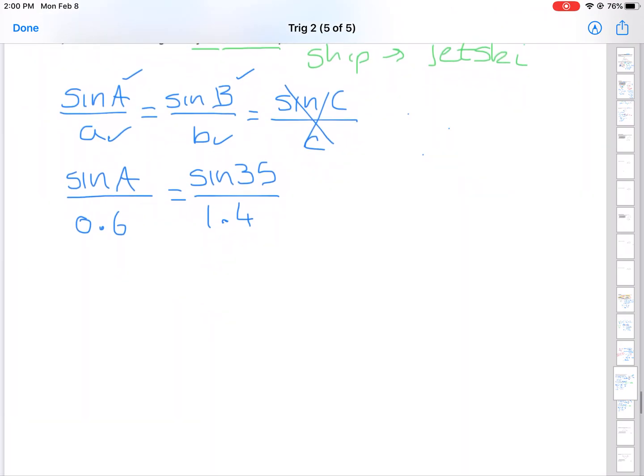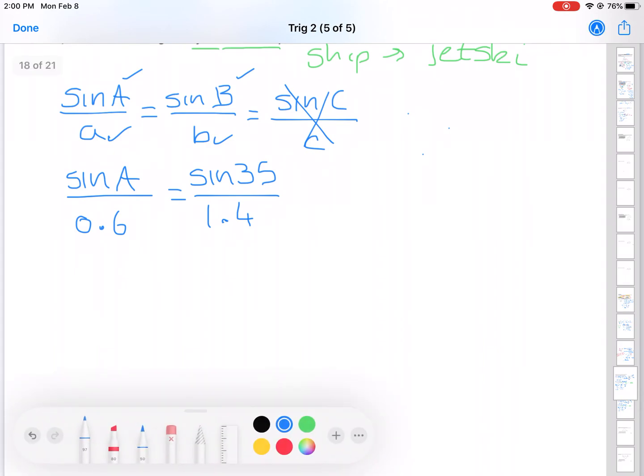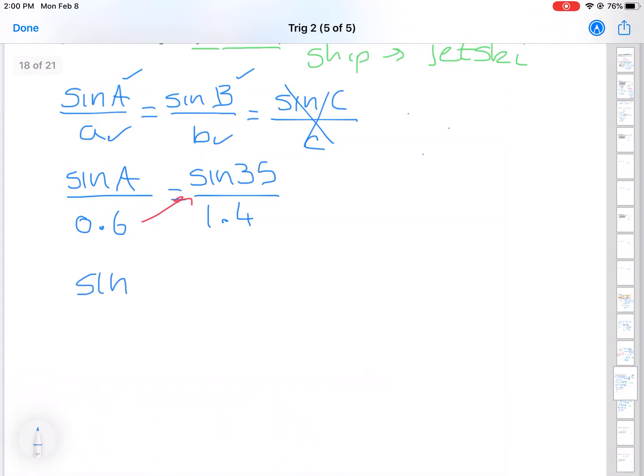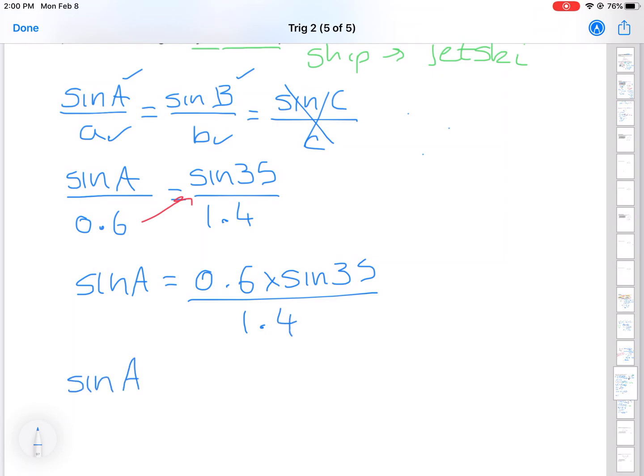Now, to find the size of A then, I have to rearrange all of this. I can multiply up the 0.6, making sine A equals 0.6 times sine 35 divided by 1.4. So pop that into the calculator then: 0.6 times sine 35 divided by 1.4, and we'll get 0.2458 and so on.